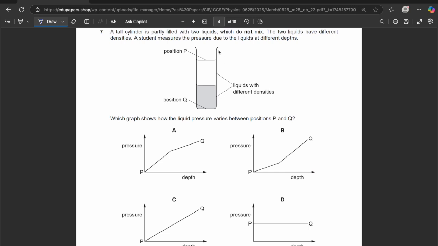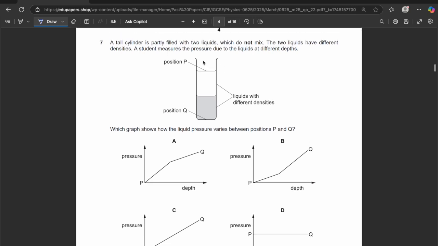So at position P, there's only air pressure acting, right? So it will be a bit lower, apparently. And as depth increases, we can say that this one has lower density. So if it has lower density, that means lower pressure, right? So pressure would decrease at a lower rate.